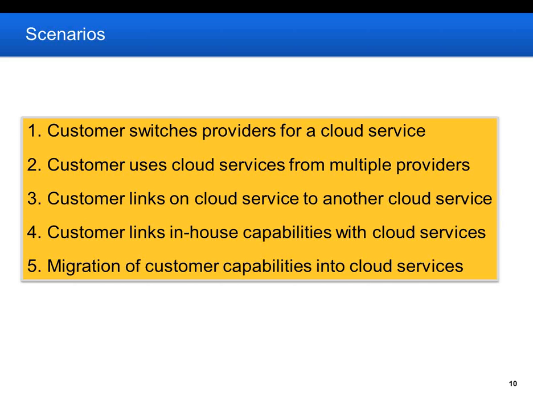The second scenario is the case where a customer wants to use cloud service but from multiple providers. So you've got at least 2 different providers that you're having to deal with in order to get all the capabilities you need for your business.